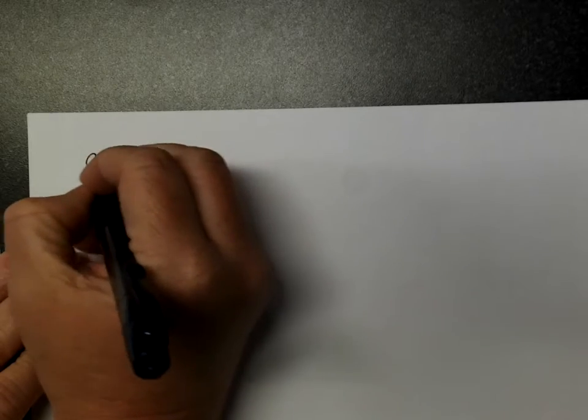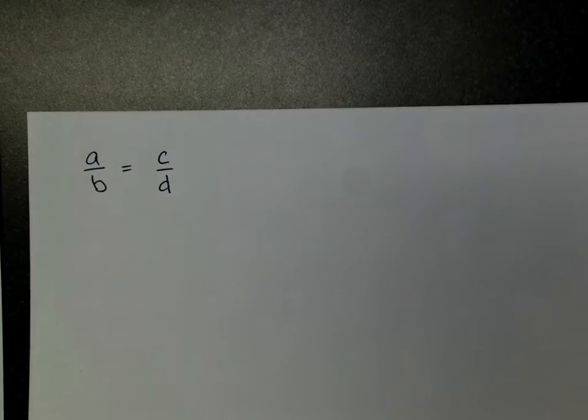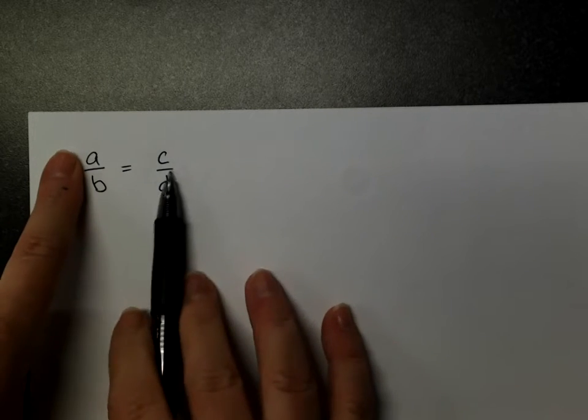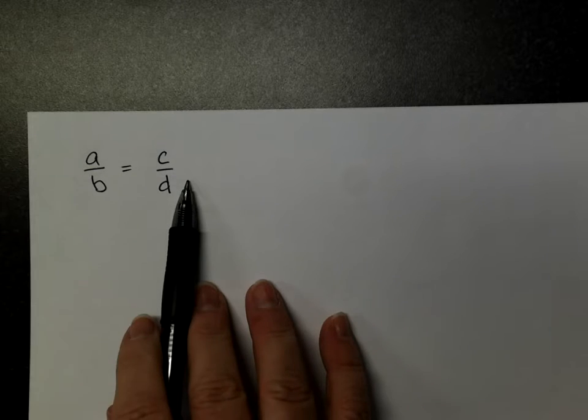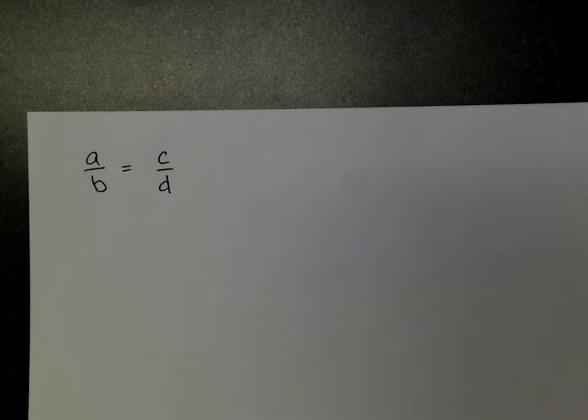So if you have a rational expression, let's just call it A over B, and it is equal to another rational expression. Now, there are no other rational expressions added or subtracted to this. This might be a big, ugly rational expression here or there with binomials and pluses, but this is not a rational plus or minus another rational. It's one rational on the left, one rational bar on the right.